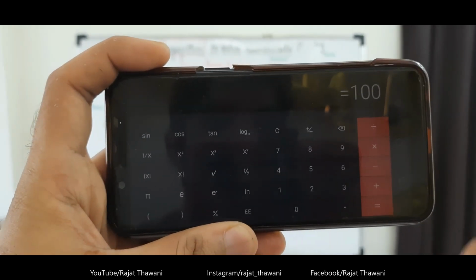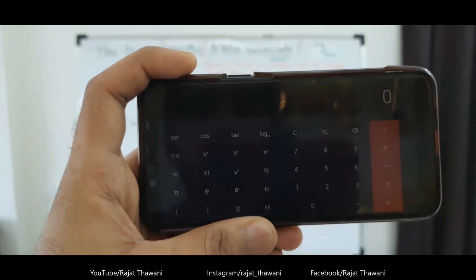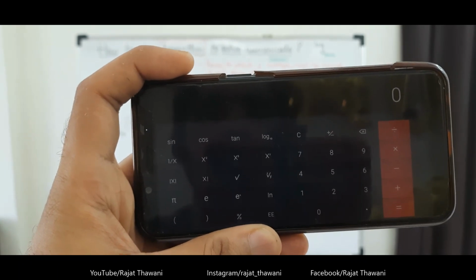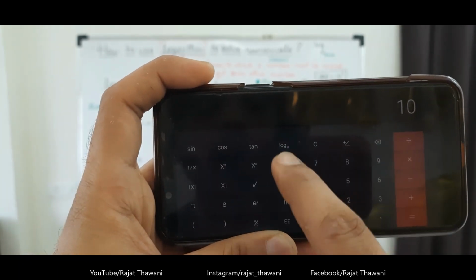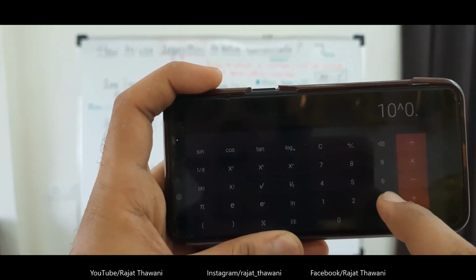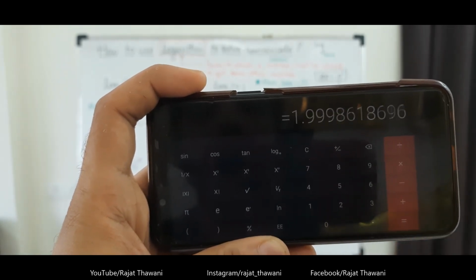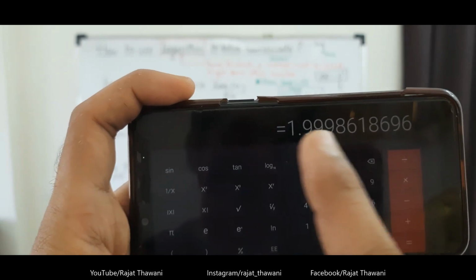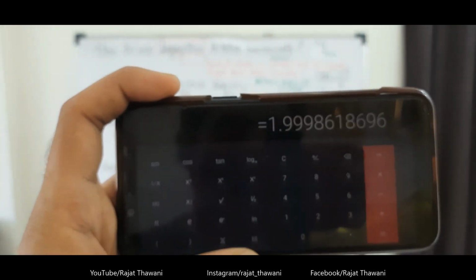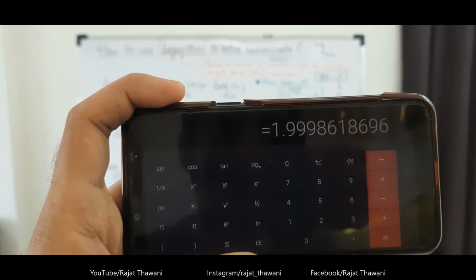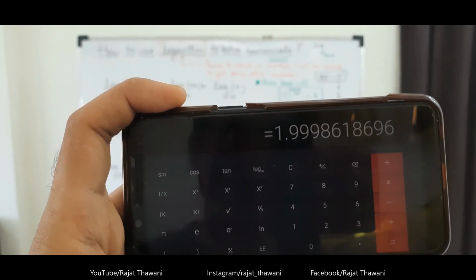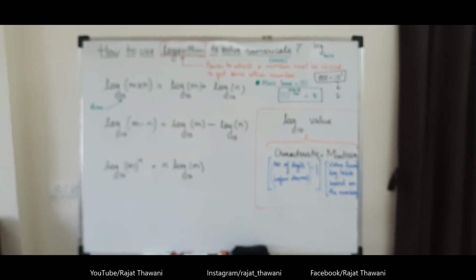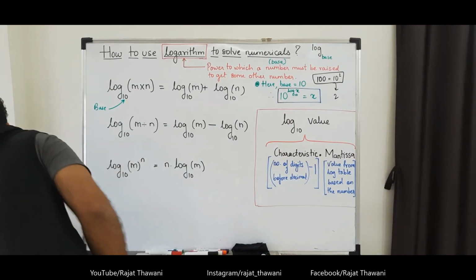Now we know that log of 2 is 0.3010. So 10 raised to 0.3010, see, its value comes 1.9986, which is approximately equal to 2. It means if I take the log of a number and raise 10 to it, I'll get the actual number. This is the specific thing I wanted to tell you.